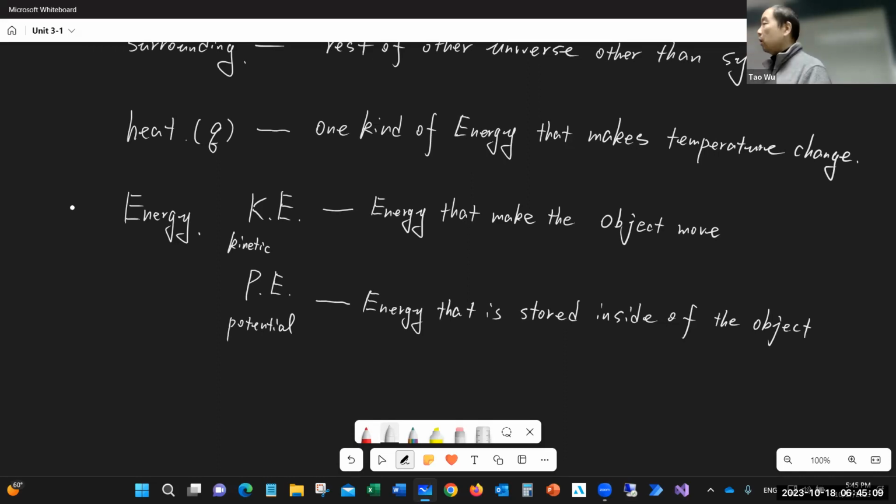Chemistry also talks about potential energy, but this potential energy is not physically held like the pen. It's invisibly held inside of the bond. If you learn biology, we talk about ATP. ATP stores energy inside the bonds between the phosphates. During metabolism, it releases the energy to keep the body's metabolism going.